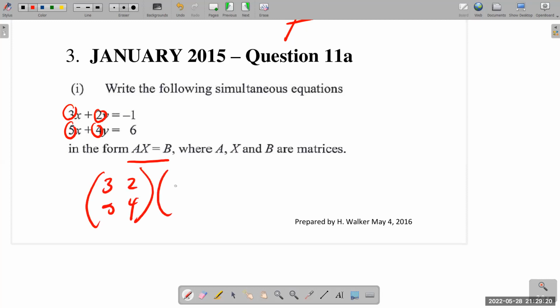Who represents X? It's going to be X and Y. Remember, X represents the variables. And then B, who is B? B would be these terms right here, -1 and 6.